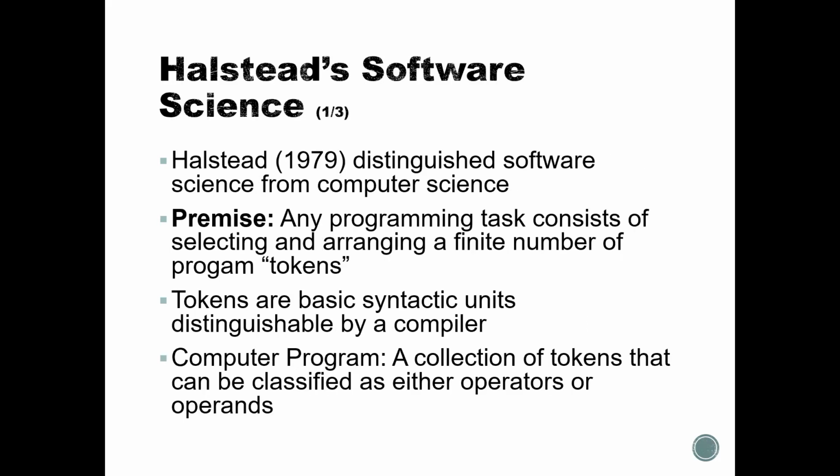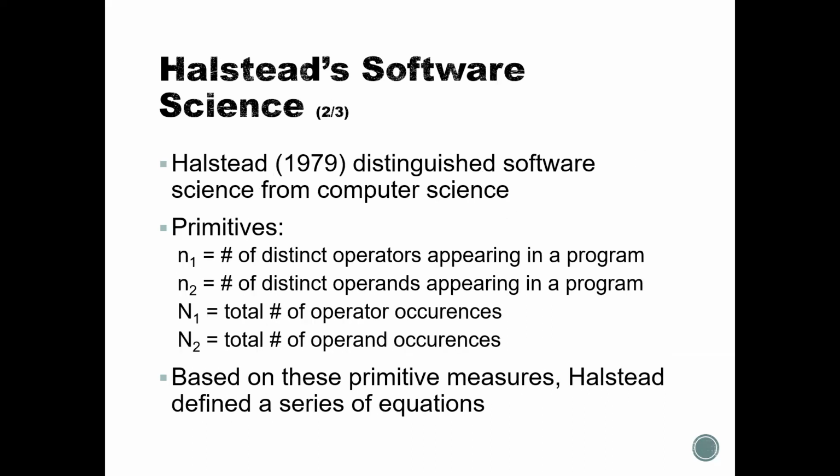Similarly, we have one more metric in software, which is Halstead software science, which sees the whole program as tokens, ultimately a collection of operators and operands. So how do we do it?